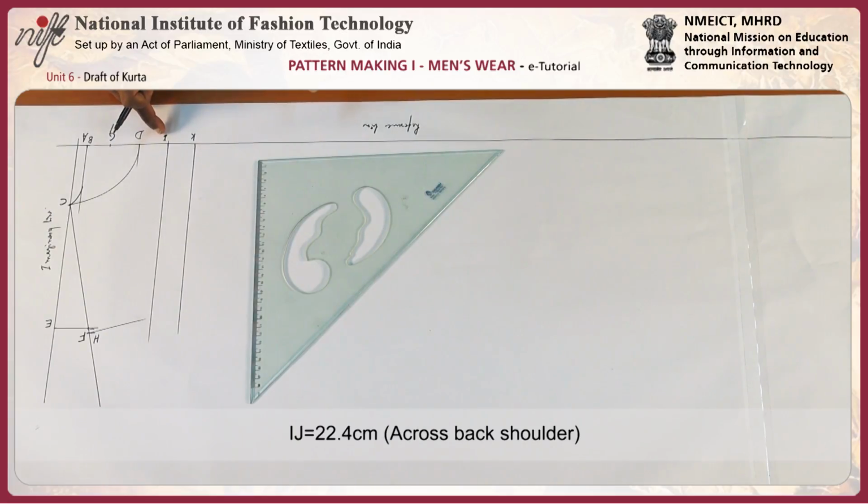Now I am moving again to point I. I to J is across back shoulder, 22.4 centimeter.